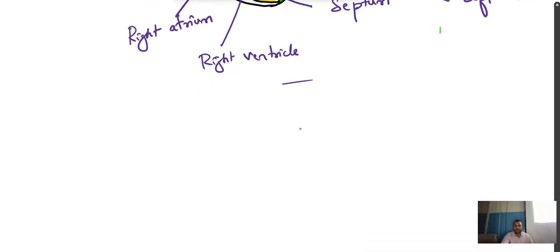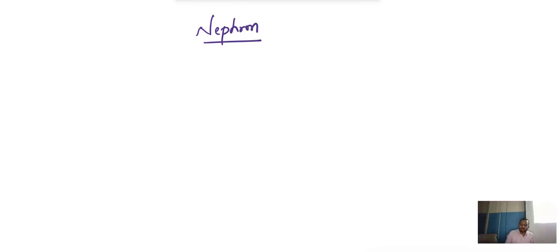Next, let me draw the diagram of a nephron. Step number 1: draw the shape of C. Please observe here first.